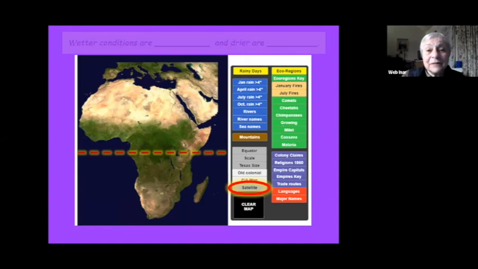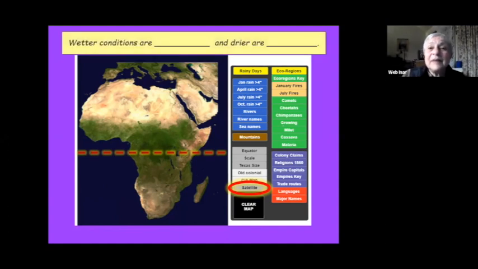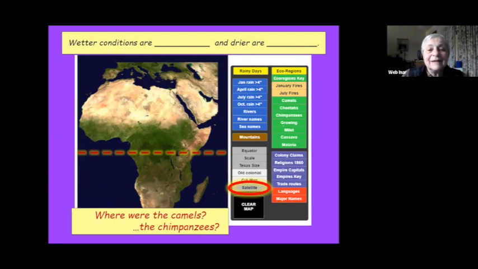There it is. And the wetter conditions, you can tell by the green vegetation on the satellite image, are close to the equator. The drier conditions are farther away from the equator. And you probably remember where the camels are and the chimpanzees are.